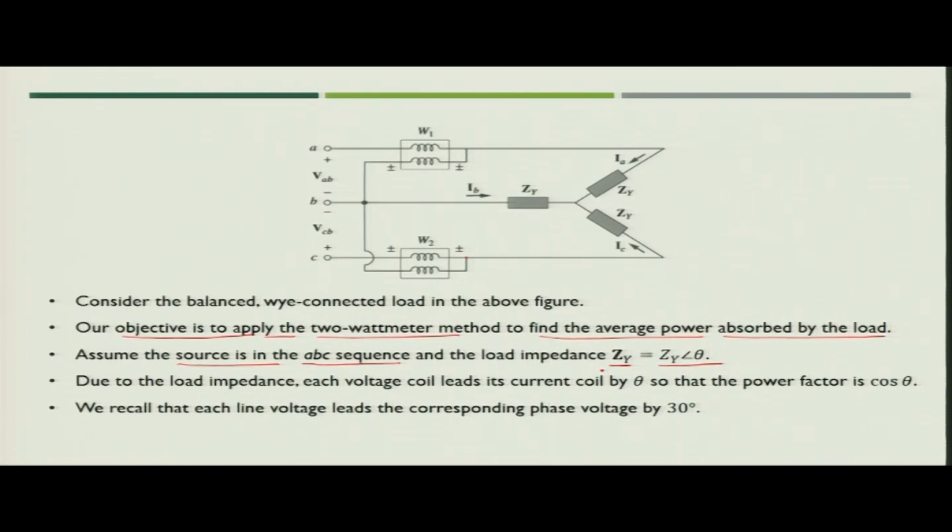So, we assume that the load impedance will cause the voltage coil to lead its current coil by theta, because this is the load which is applied. So, in that case the power factor is cos theta. Also, if we recall what we discussed in case of a balanced star star or YY connected network, we saw that the line voltage leads the corresponding phase voltage by 30 degree.